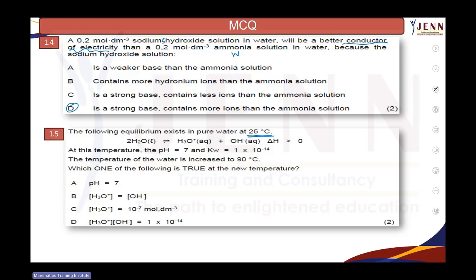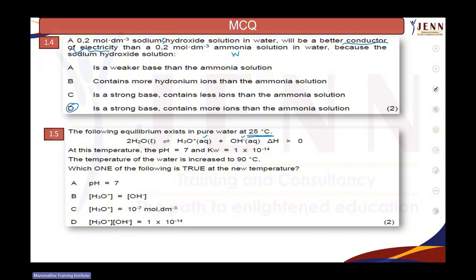Which one of the following is true at the new temperature? Now look at what is happening at equilibrium. We have a liquid which will not be affected by this equilibrium shift, but we have these ions in our products that are affected by the equilibrium shift.